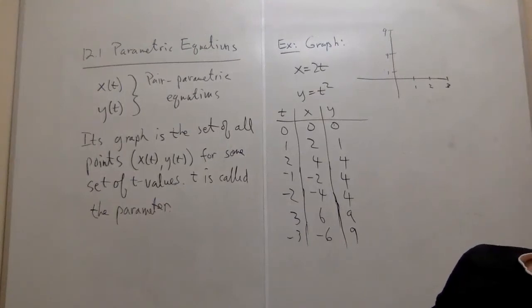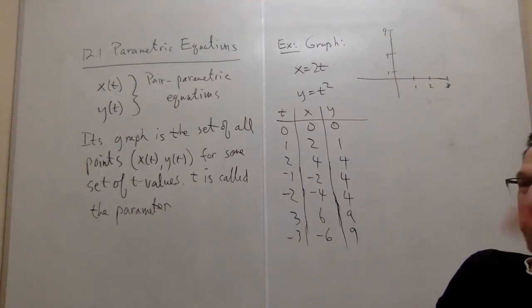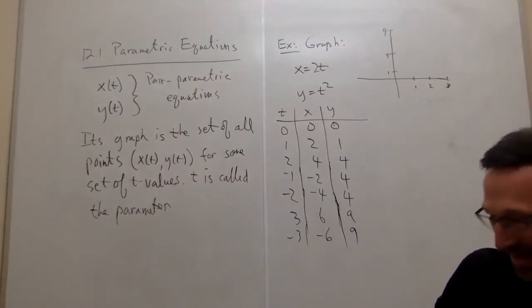And a lot of this is motivated by the fact that using functions of x, the kind of curves we can study is so limited. The graph of a function of x, all it can do is flow from left to right. It can go up or down, it can go to infinity if there's an asymptote, but it can't double back on itself, it can't spiral. It's pretty limited left to right.